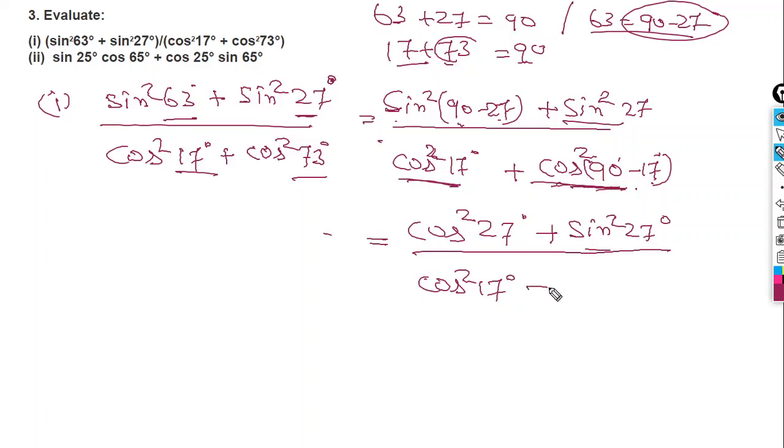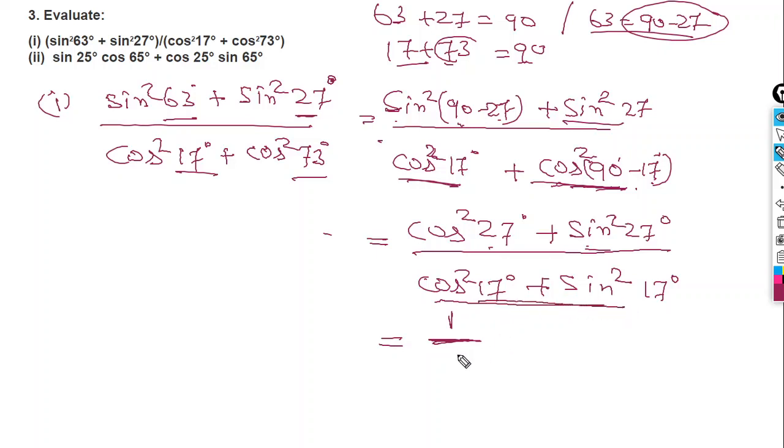Now we'll write plus sin square 17 degree. Now here you see cos square 27 plus sin square 27, or cos square theta plus sin square theta equals 1. We have an identity for this. Divided by, here the sum of cos square 17 plus sin square 17 will also be equal to 1.